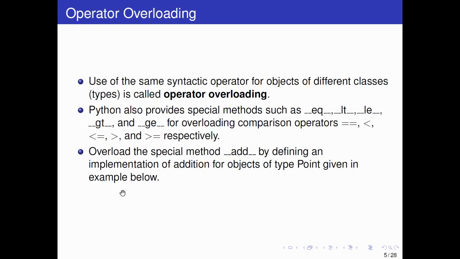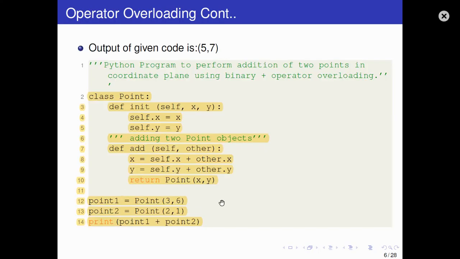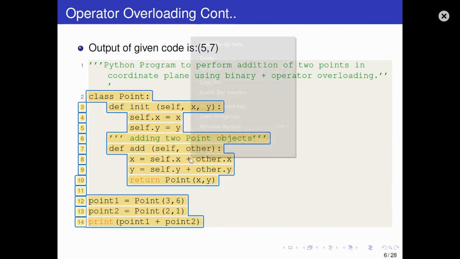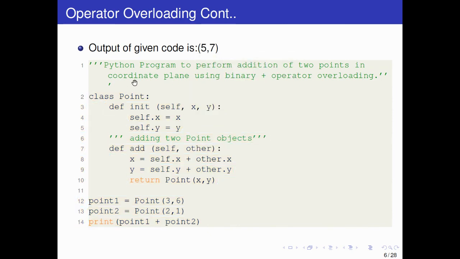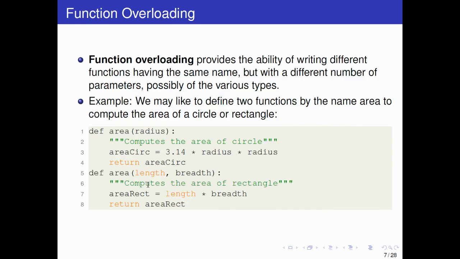This must be in the PPT. So this program is inside the PPT also. Here you can also see. So the same program is here. Just the double underscore is missed here. Double underscore missed here. Double underscore missed here. And output. So the next part is function overloading.